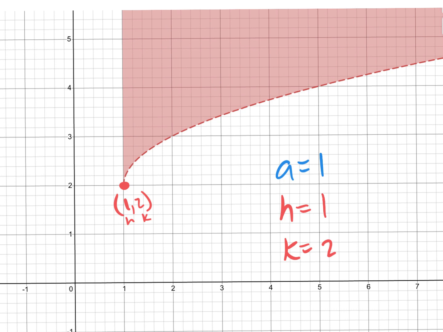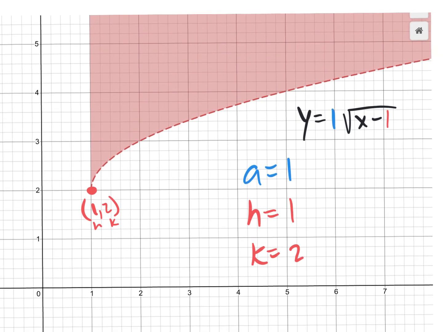So now we're able to plug it into y equals a, which is 1, which we're not even going to need to type in, with the square root of x minus the h value of 1, and then plus the k value of 2.